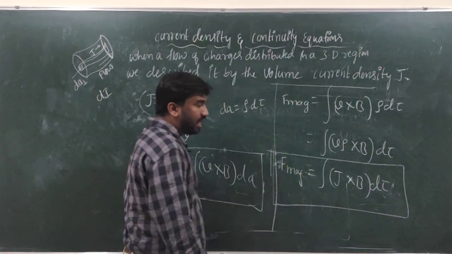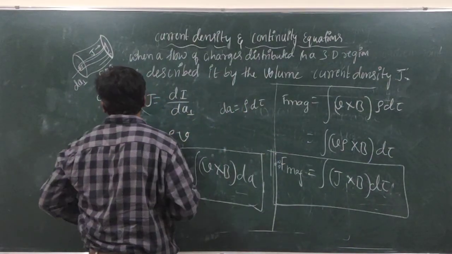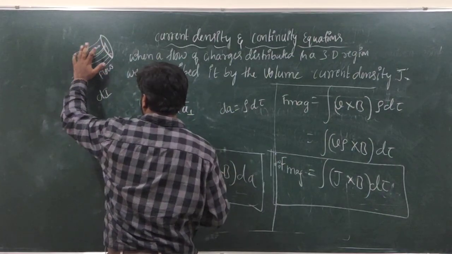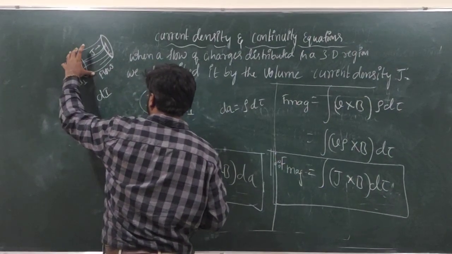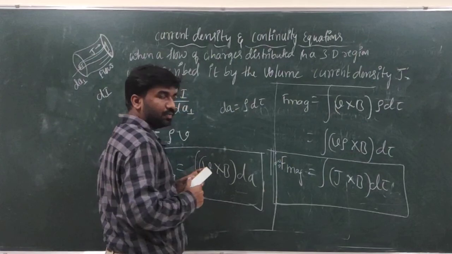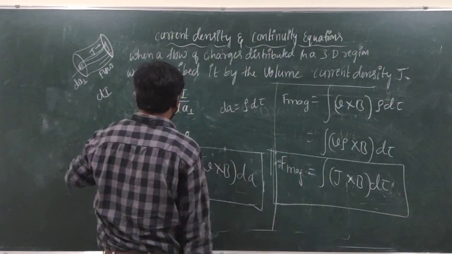This is the total magnetic force on the current carrying metal in three-dimensional motion, placed in an external magnetic field. This is the magnetic force exerted on this body.